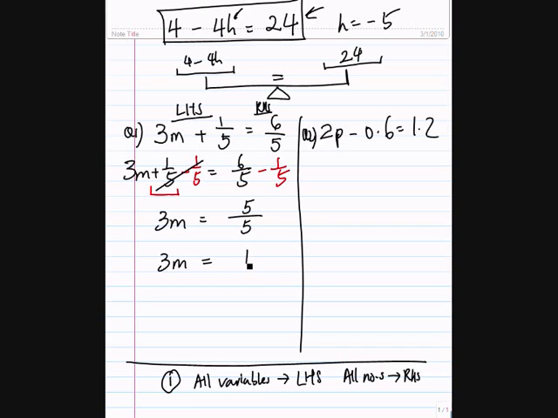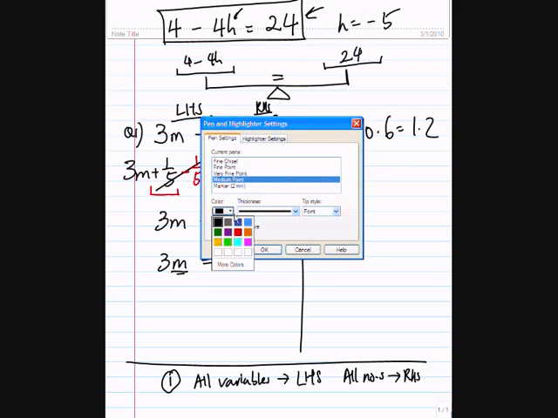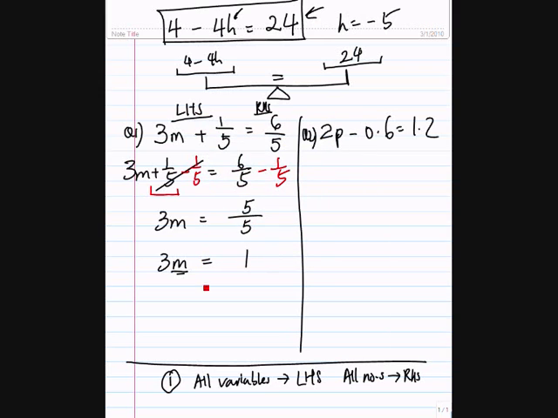So now in order to solve for m, what should I be doing? On the left hand side we have 3m, so in order to solve for m, I need to divide by 3, because 3 divided by 3 gives m. To make the equation balance, I need to divide by 3 on the right hand side.